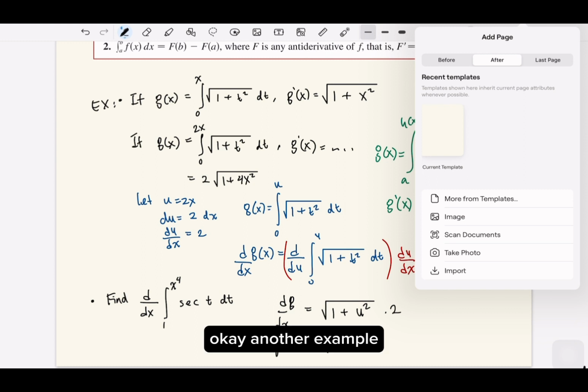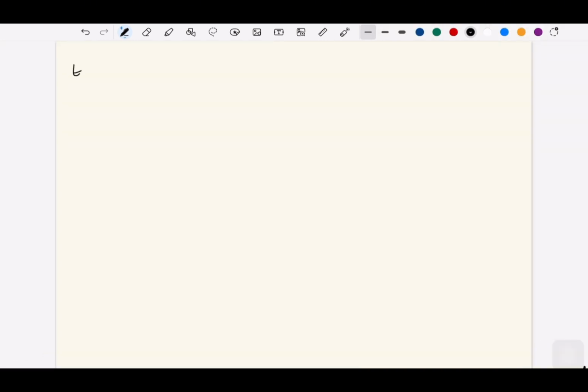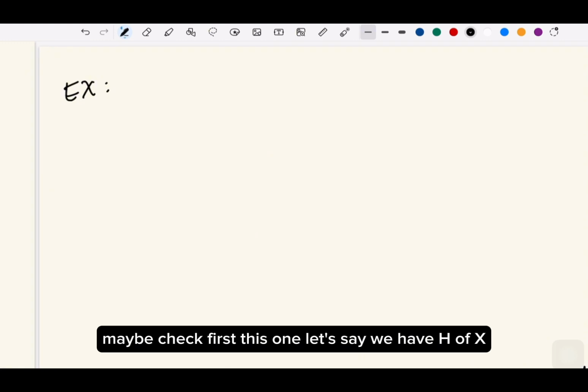Okay, another example. Maybe check first this one. Okay, let's say we have h of x.